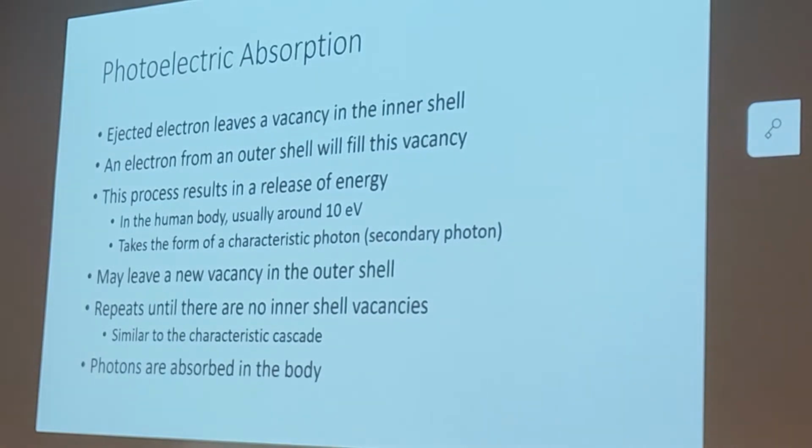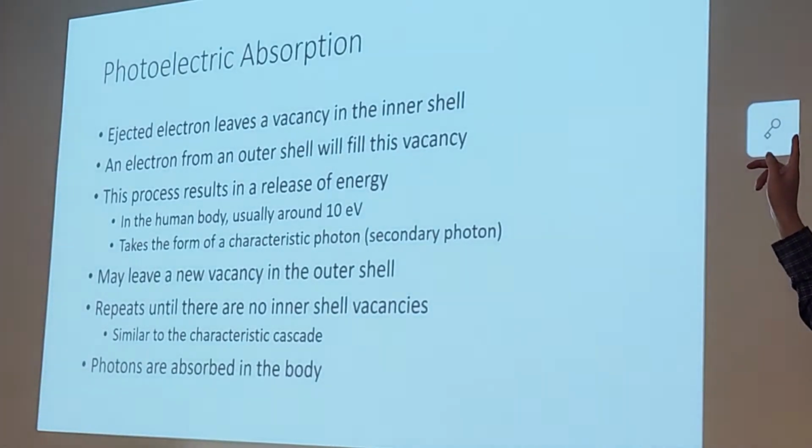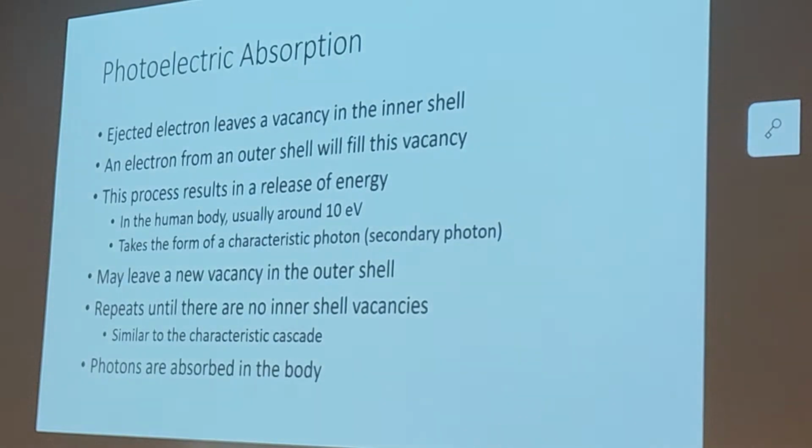The main difference between this and your characteristic interaction is what sets off this photoelectric absorption interaction? The initial shot. What comes in and sets off this entire process? The incident photon. What sets off your characteristic interaction in the tube?